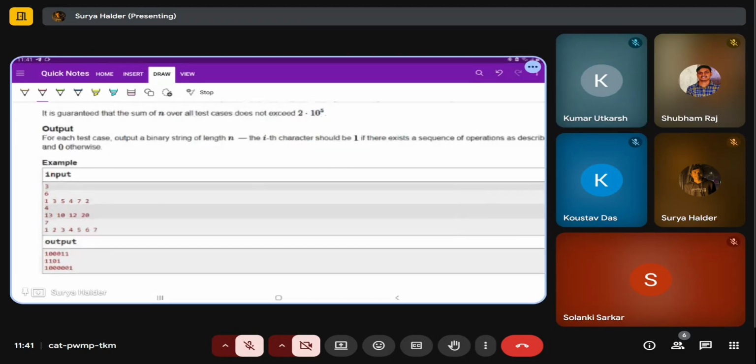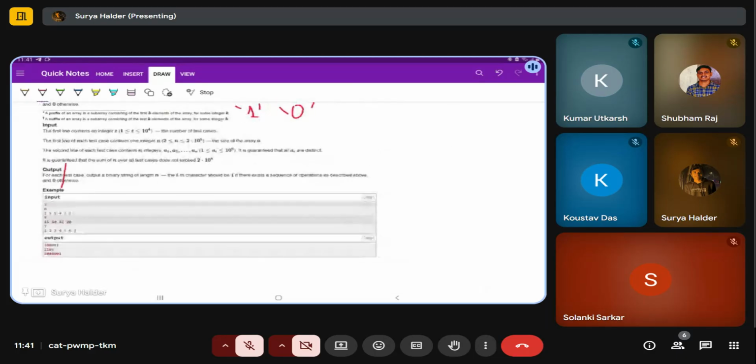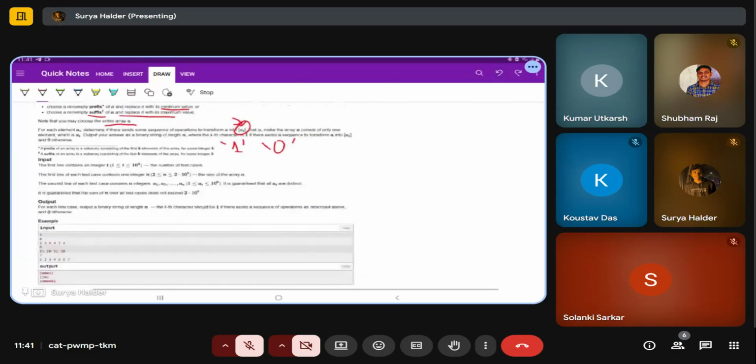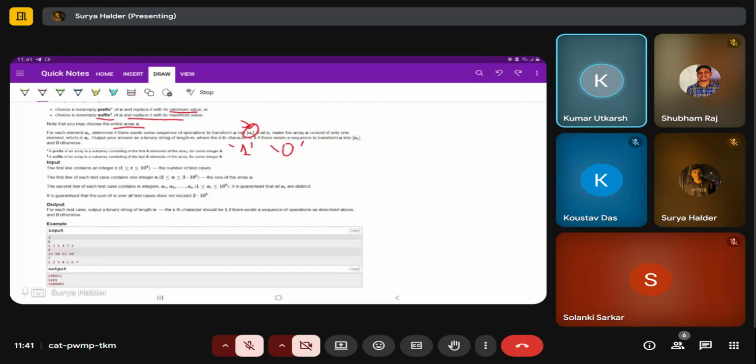Okay, so you said sorting, but for every index, if you sort, then you will get TLE. Yes, I got TLE, then I did it with prefix sum and suffix sum. I used both of them, then I got it.